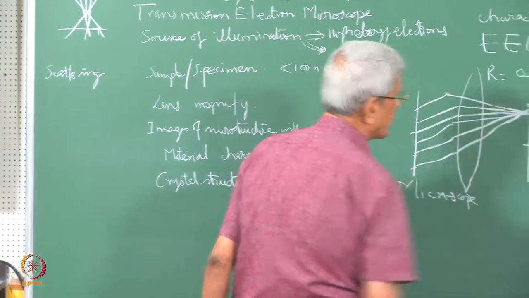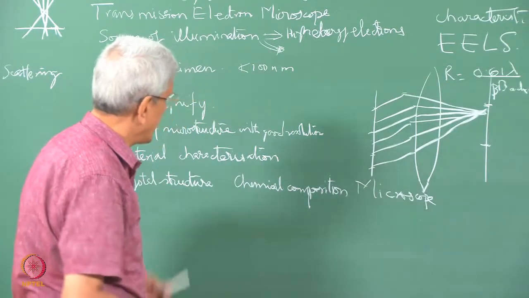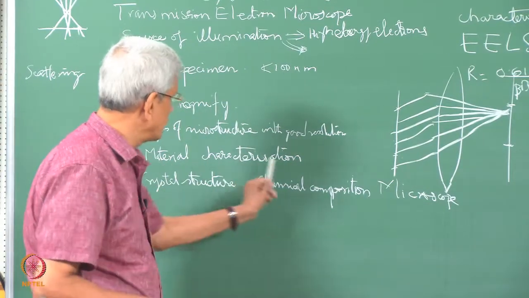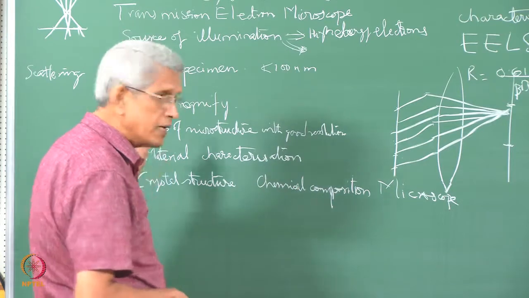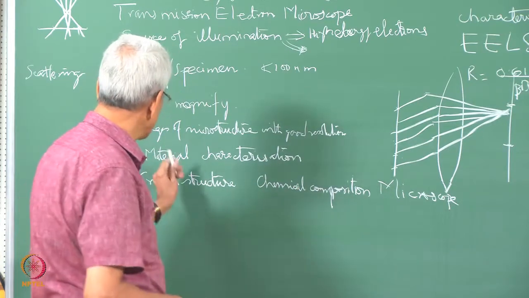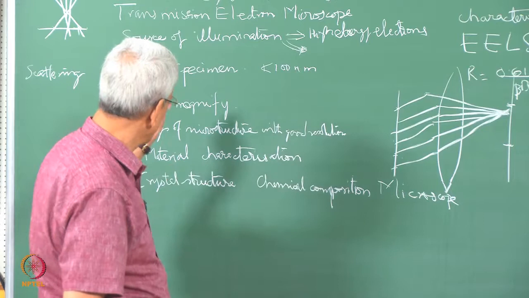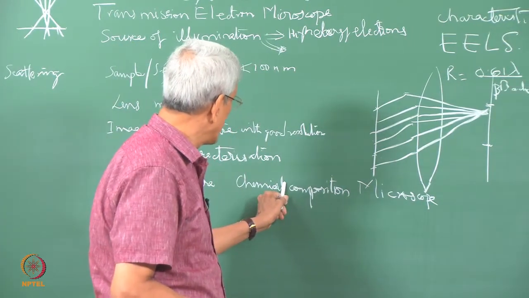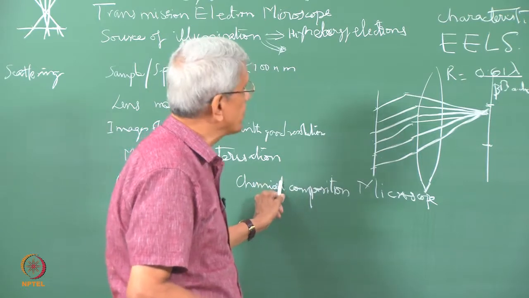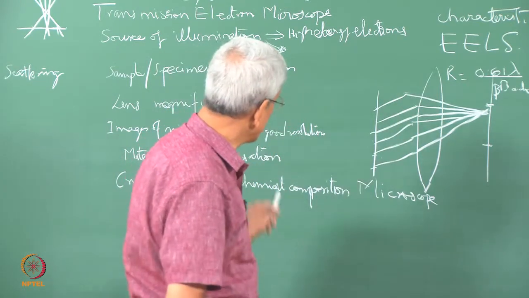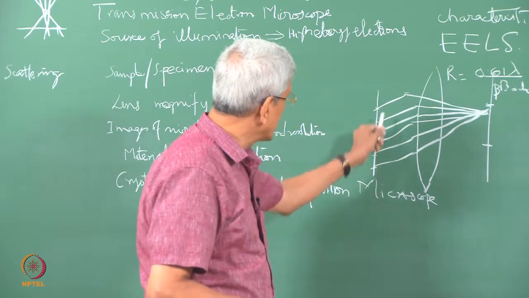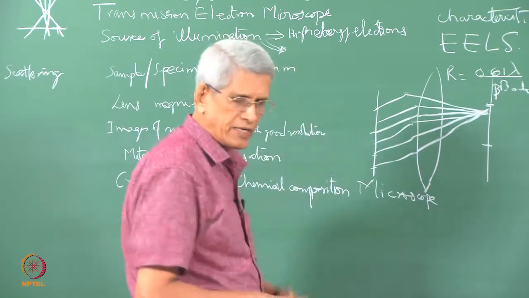From whatever we have briefly discussed and covered in the course of this lecture, all this information could be obtained in an electron microscope. That is the crystal structure information from the diffraction pattern, chemical composition information from the inelastic scattering which is taking place, and the microstructure information from the magnification of the scattered radiation.